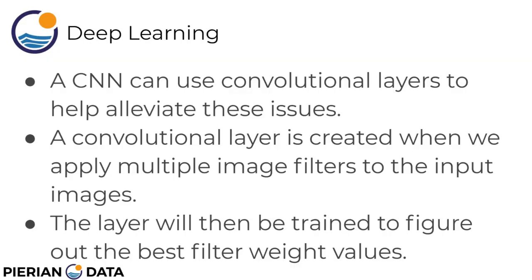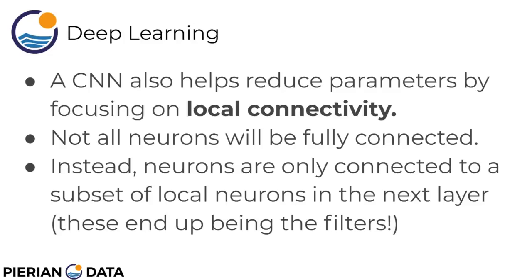Now a CNN, or convolutional neural network, can use what's known as a convolutional layer to help alleviate a lot of these issues. A convolutional layer is created when we apply multiple image filters to the input images. The layer will then be trained to figure out the best filter weight values. A CNN also helps reduce parameters by focusing on local connectivity, and we'll see an example of these localized connections.